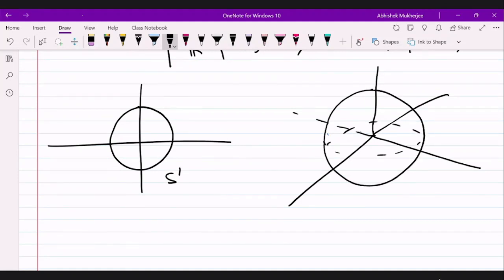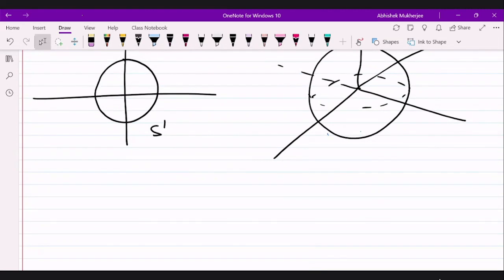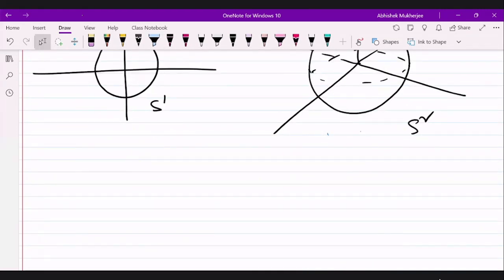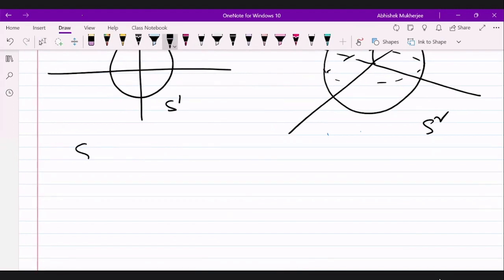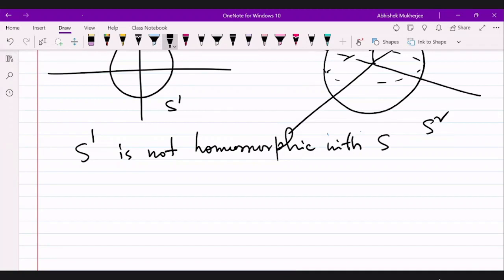Yeah, great. Now here, it is well known to all of you that this S1 is not homeomorphic with S2, right?